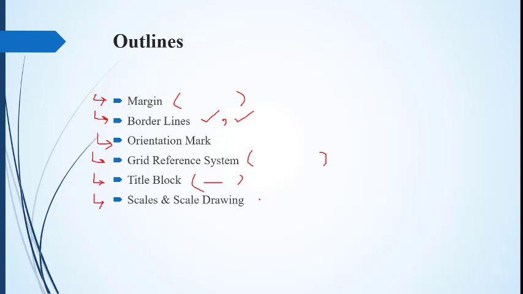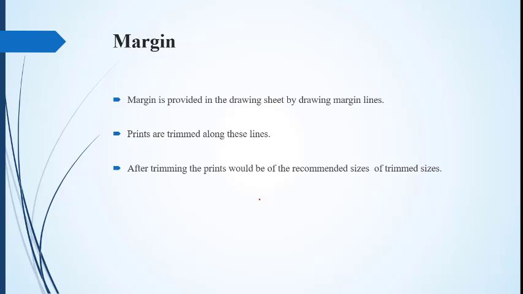Coming to each topic one by one. First one is margin. Margin is provided in the drawing sheet by drawing margin lines. What does drawing margin lines mean? If we consider a sheet, for example, an A1 sheet, these are the margins.